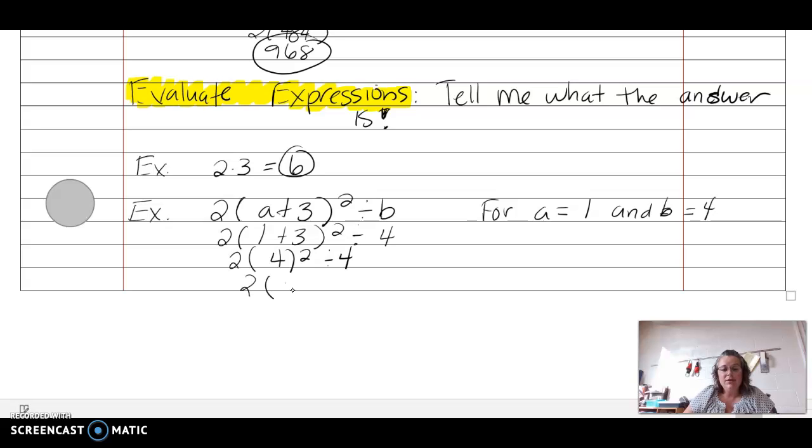So we have 4 times 4 is 16 divided by 4. And then now you have some multiplying and dividing, and it doesn't matter which one you do first. I'm just going to go from left to right. So I'm going to take my 2 times 16 gives me 32 divided by 4. 32 divided by 4 is 8. So you should end up with 8 as your final answer.